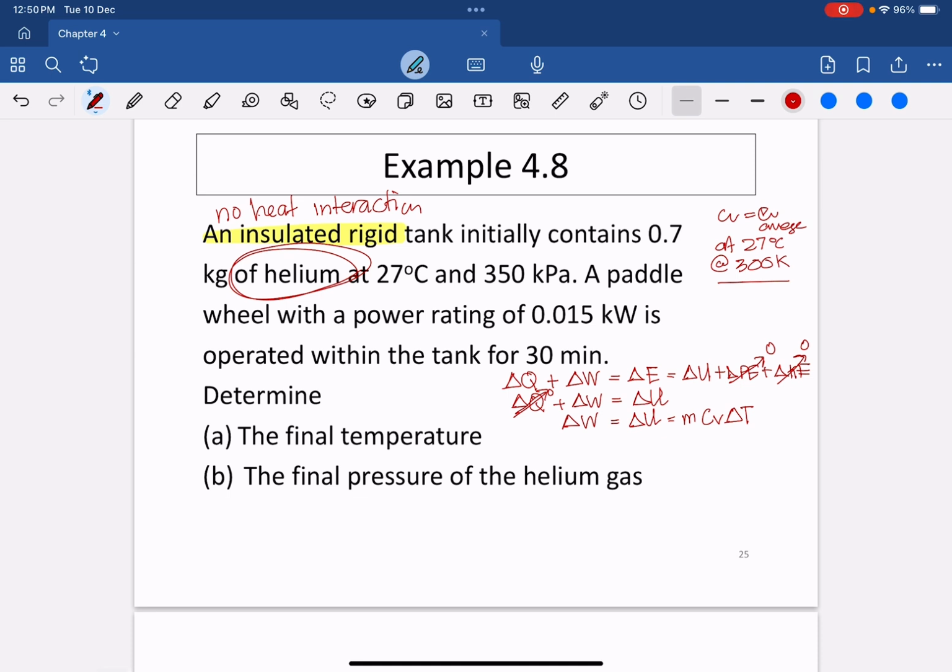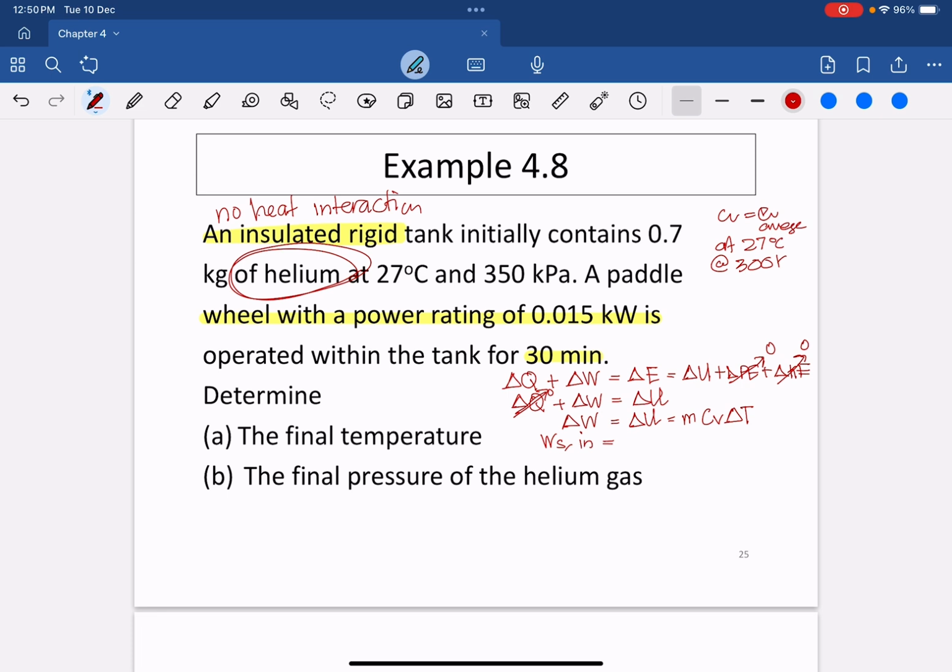The paddle wheel with a power rating gives us the idea that this is shaft work, over the given time. So we need to evaluate the amount of shaft work. The work interaction here is shaft work into the system, and it is always positive because it is in.